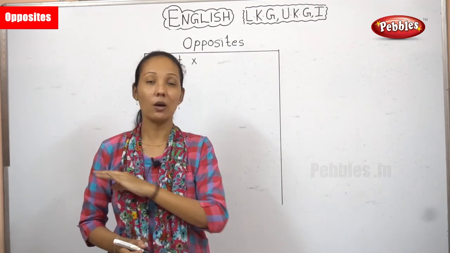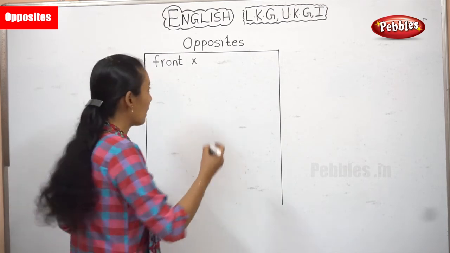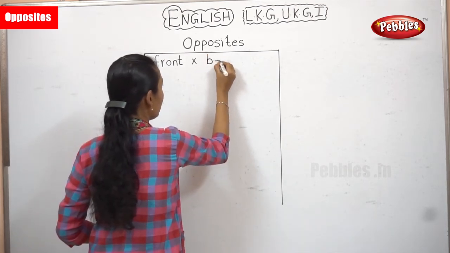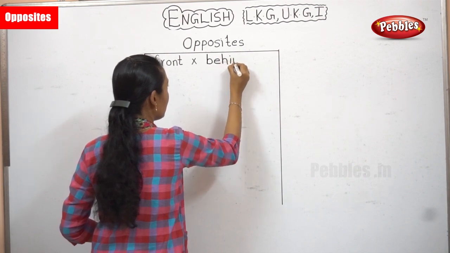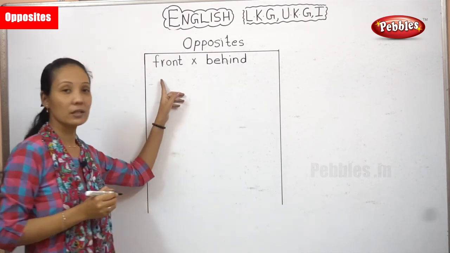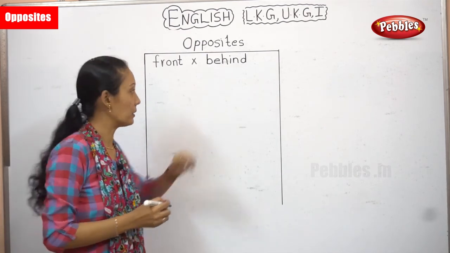Yes, behind my house, if not back, isn't it? So now I'm going to write it: front, behind. B-E-H-I-N-D. So your word is front and the opposite for front is behind.